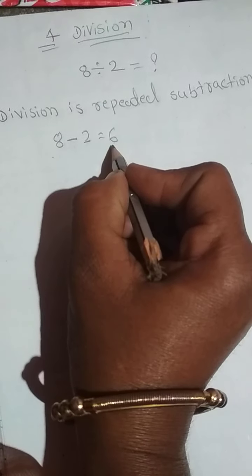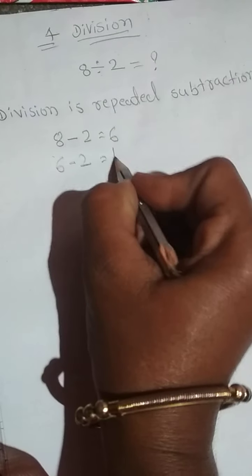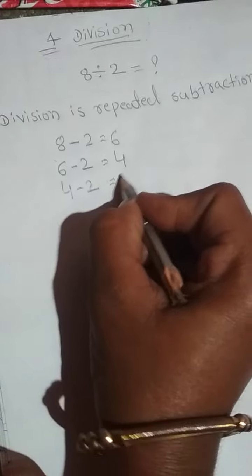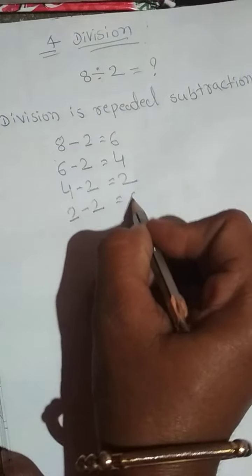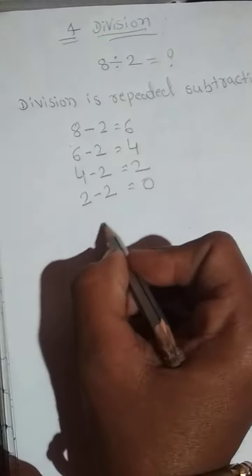Again you take 2 from 6. 6 minus 2 equals 4. 4 minus 2 equals 2. 2 minus 2 equals 0. How many 2's are there? 1, 2, 3, 4.